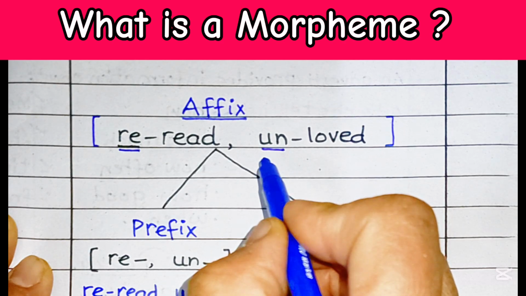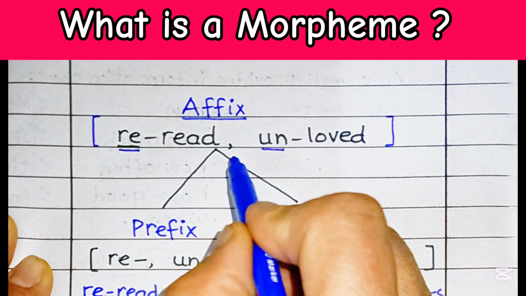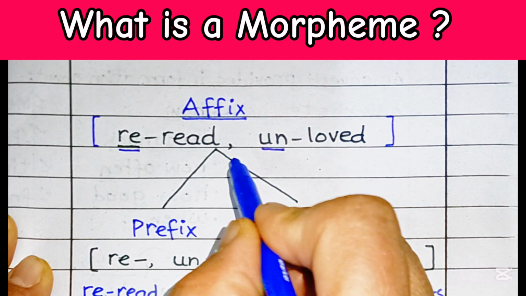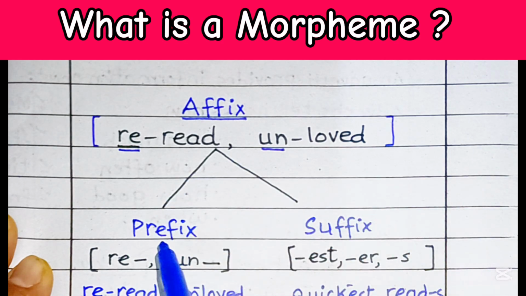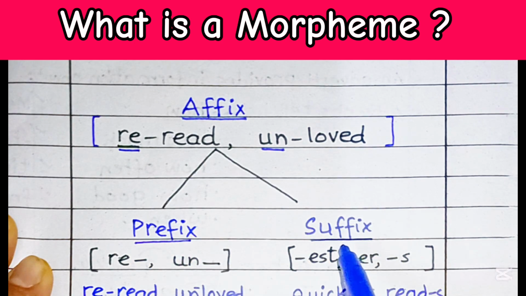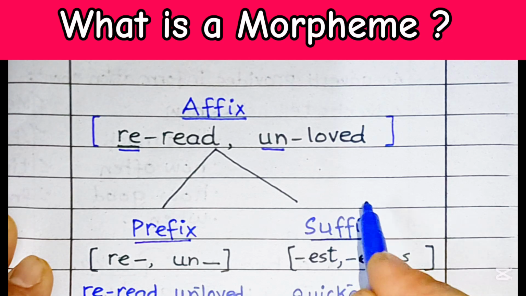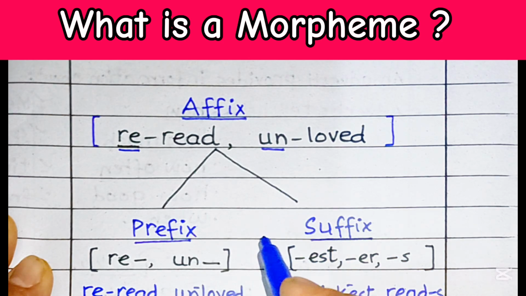So an affix is a morpheme which attaches to a root or stem, changing the meaning of the root in a regular way. Affixes are generally either prefixes or suffixes.